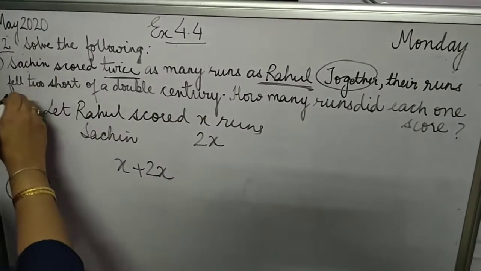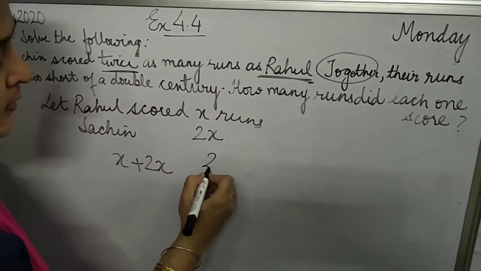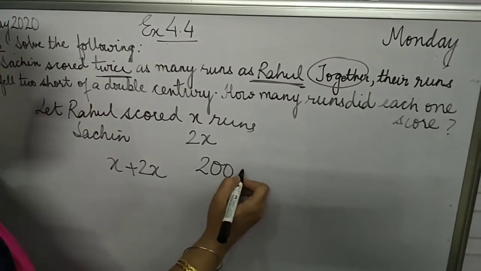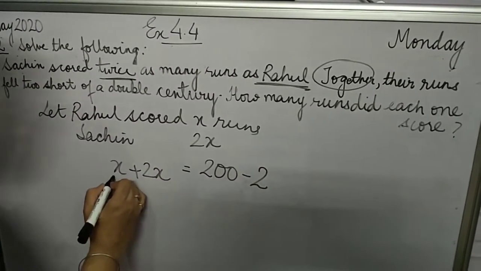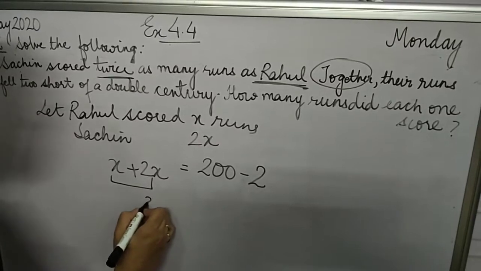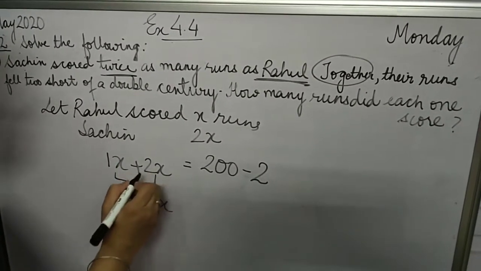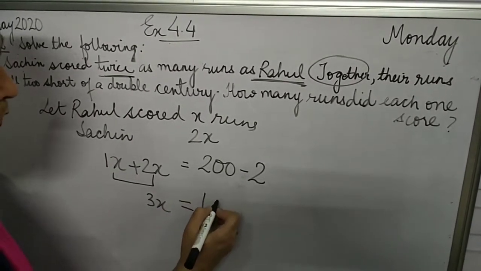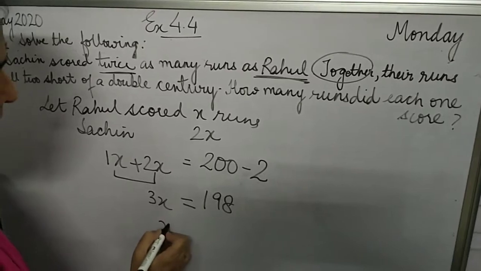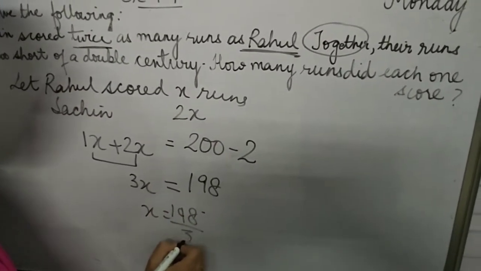Their runs fell too short of a double century. Now century is 100, double century is 200 and too short means 200 minus 2. So our equation comes out to be, now x plus 2x is 3x, because if we don't have a number here it means 1. So 1 plus 2 is 3 and x will be written along with it. So 3x is equal to 198 and x is equal to 198 upon 3.